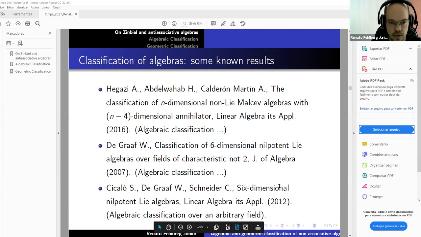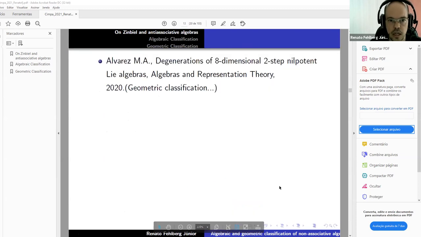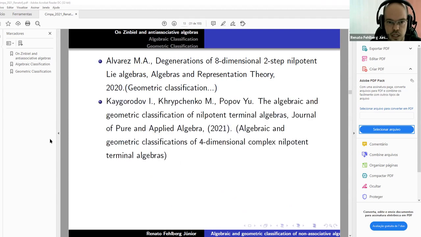Okay. In this paper by María Alvarez, it was on the geometric classification of 8-dimensional 2-step nilpotent Lie algebras. In this other recent paper, it was done the algebraic and geometric classification of 4-dimensional complex nilpotent terminal algebras.